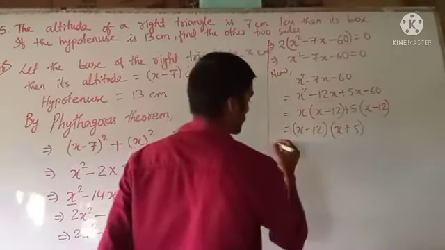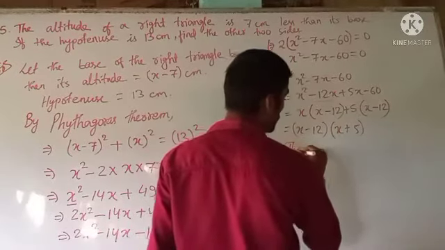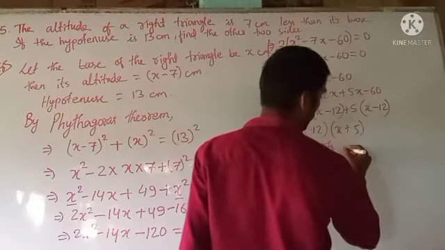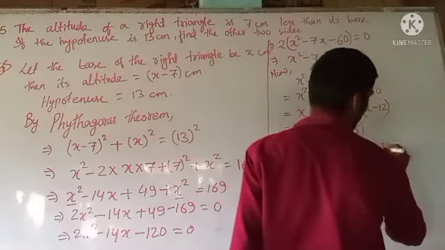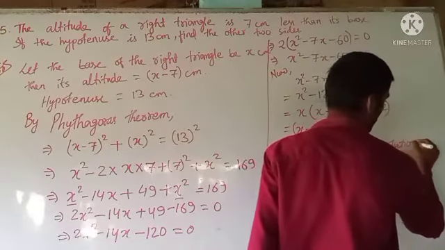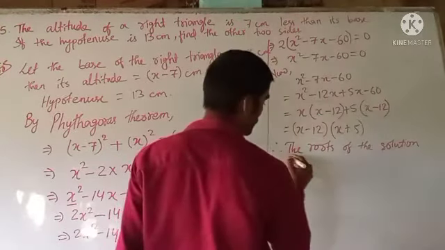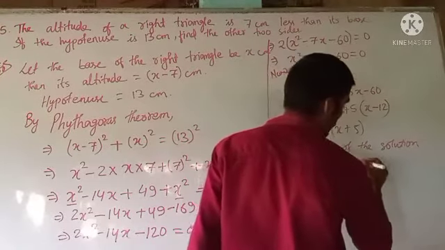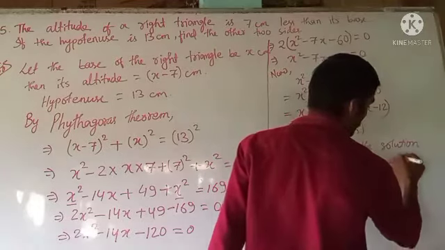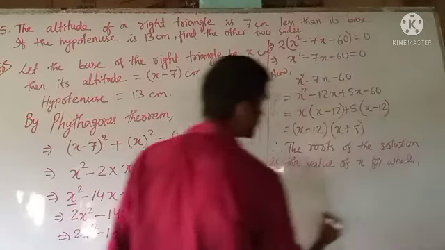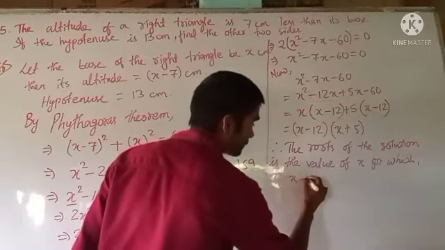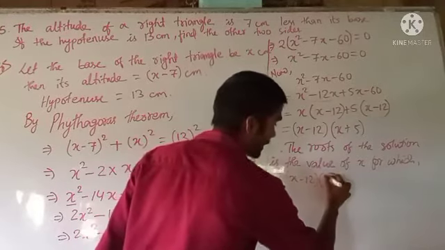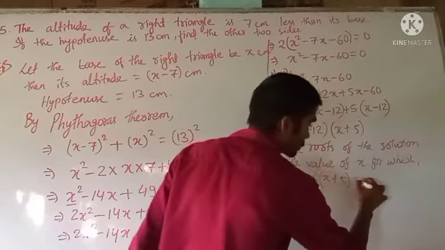Therefore the roots of the solution is the value of x for which x minus 12 into x plus 5 is equal to 0.